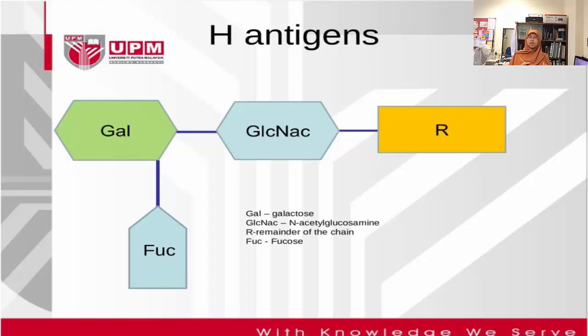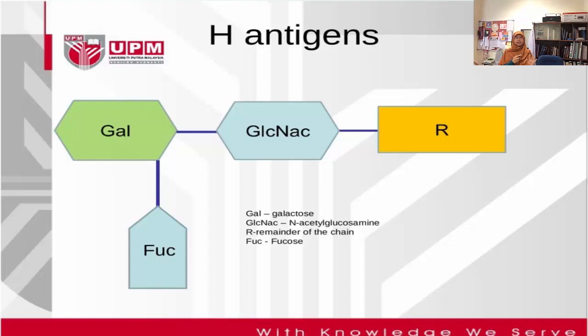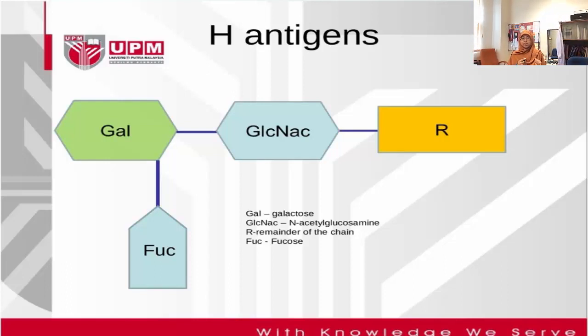This will produce H antigens, also called H substance. H antigens or H substance are the precursors of the A and B antigens. Without H antigen, A or B antigens cannot be formed.